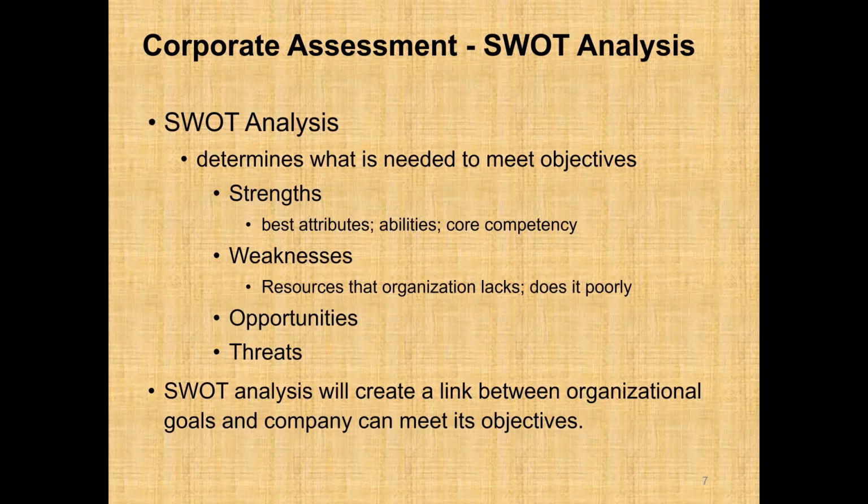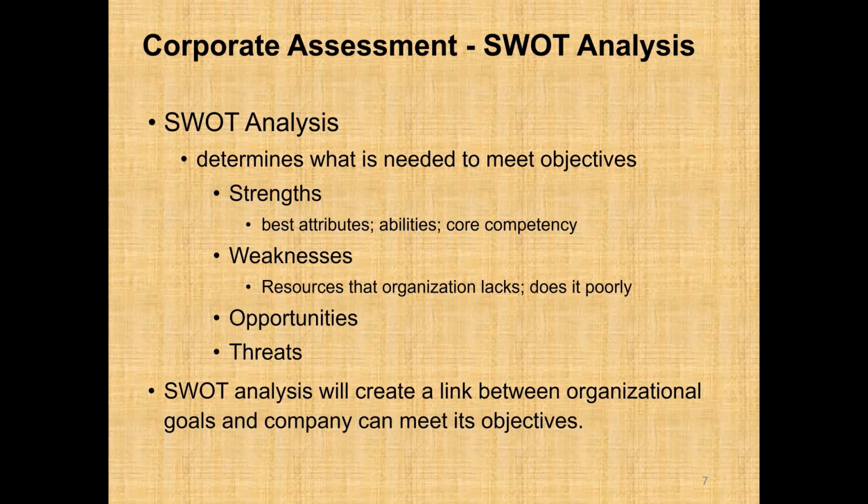Now the question is how an organization knows what kind of human resources it needs in terms of achieving the organizational mission. There's a framework that we call SWOT analysis. SWOT analysis is used to give a true picture of the organization: what strengths, weaknesses, opportunities or threats it has, and how it can really succeed in the market.